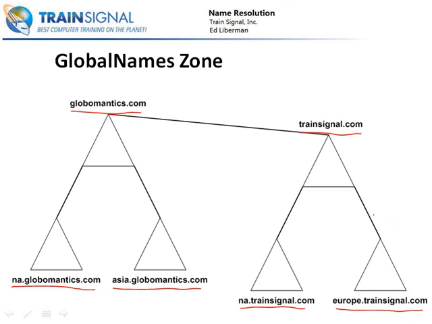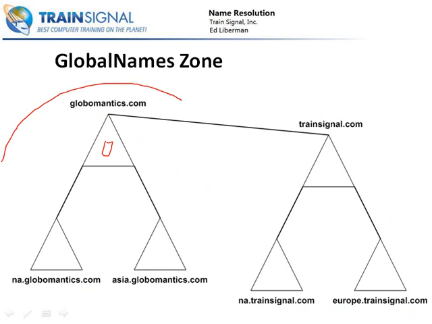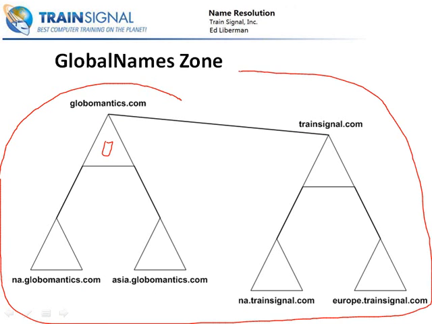Now that we have all of this namespace, let's say there's a server. We'll just call it server 1 because that's a name we've been using, and it's in the globalmantics.com domain. That's where it physically resides. This server needs to be accessed by everybody within the entire Global Mantics network.